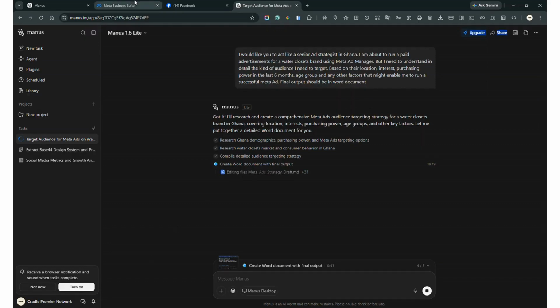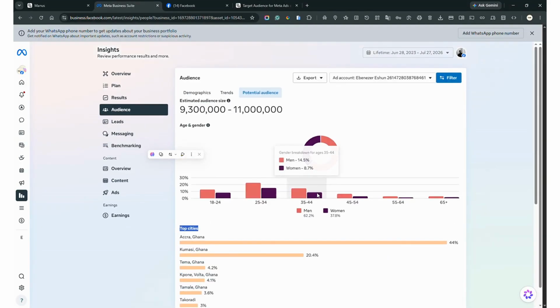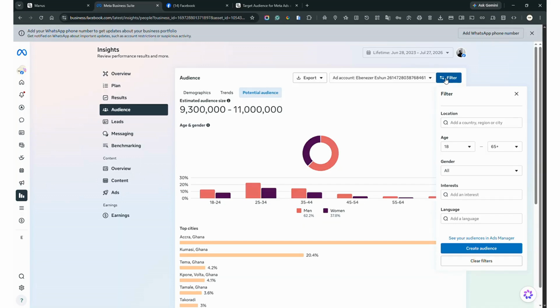So let's go back here, and what you are going to do is that once you come to the potential audience, you are going to click on filter. When you click on filter, you'll be able to filter the audience based on location, based on the age range, and as a standard, you can see from 18 to 65.